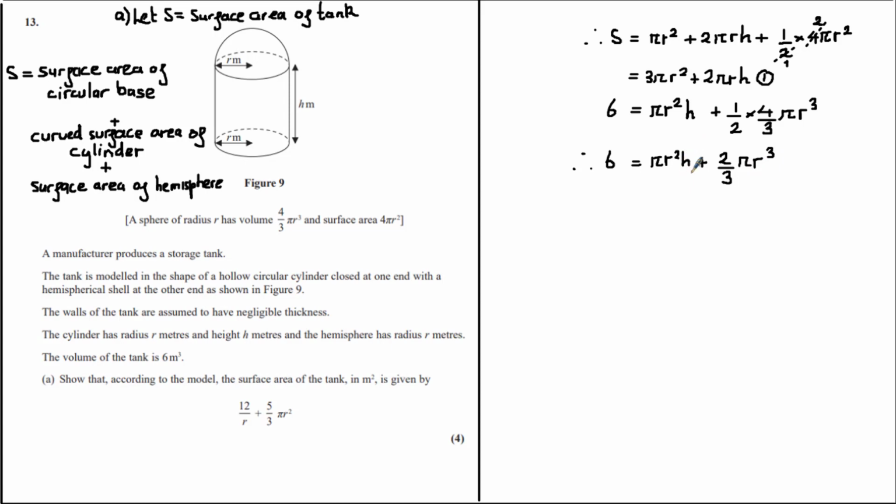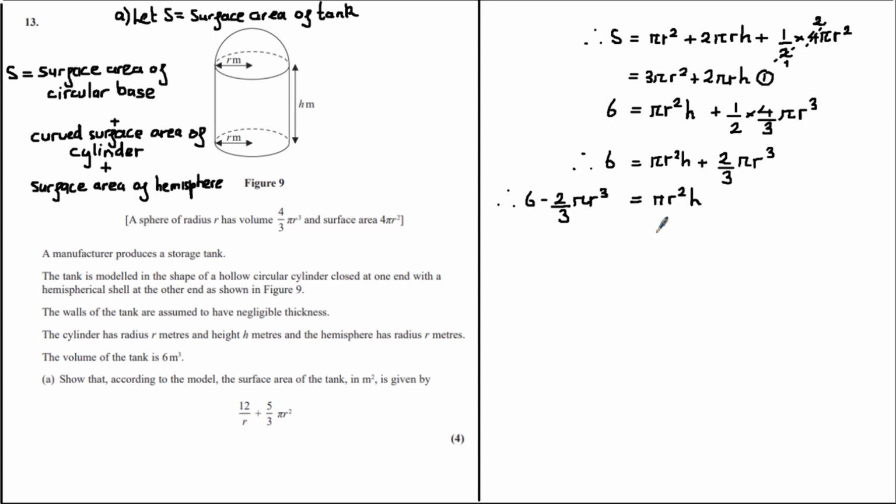Let's now make h the subject of this equation, which would give us an expression for h in terms of r. If we subtract 2/3 pi r cubed from both sides, we get 6 minus 2/3 pi r cubed is equal to pi r squared h.